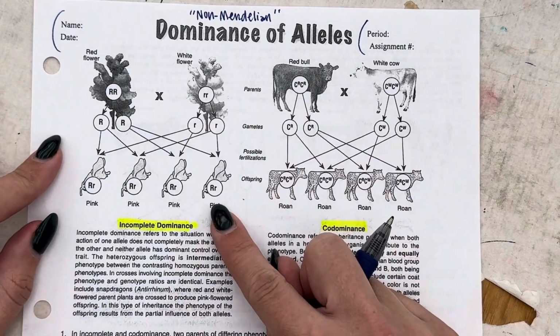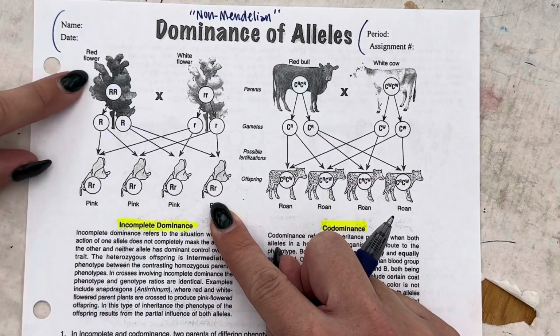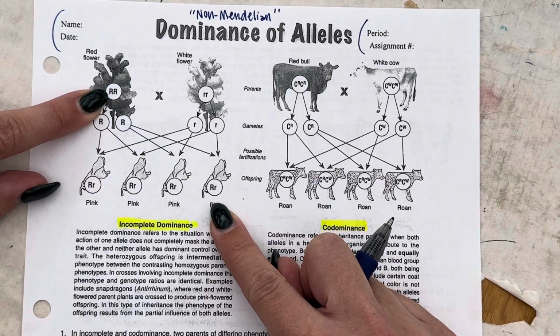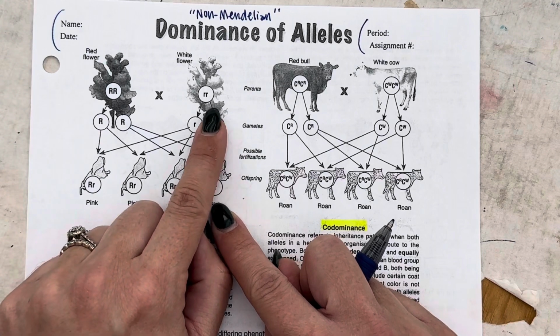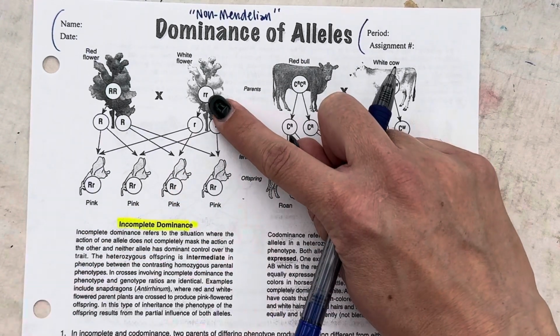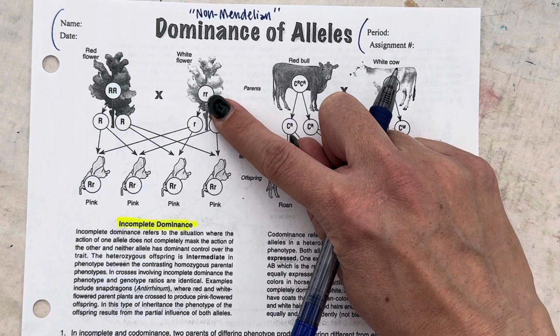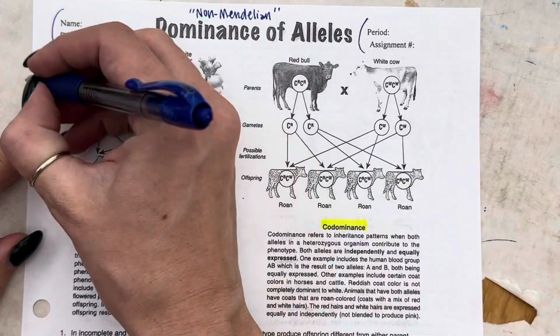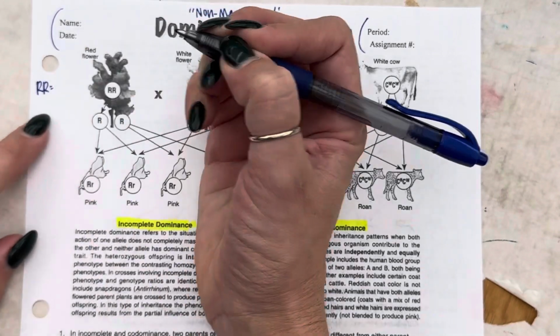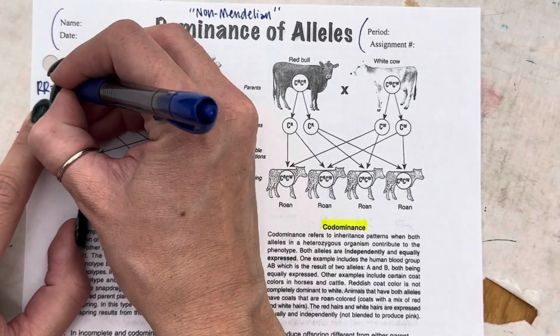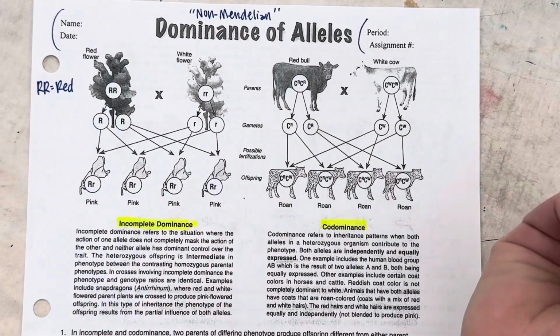We can see our example here is when we have a red flower. We're using the genotype of the red flower to be capital R, and it's crossed with a white flower. We're showing the alleles for the white flower as lowercase r. So when we have two of the capital R red alleles, our flower would be red.